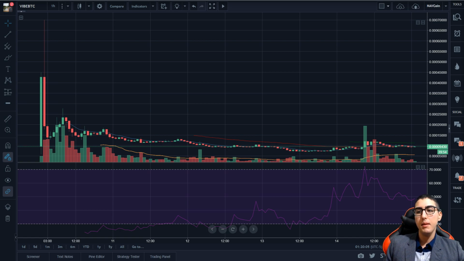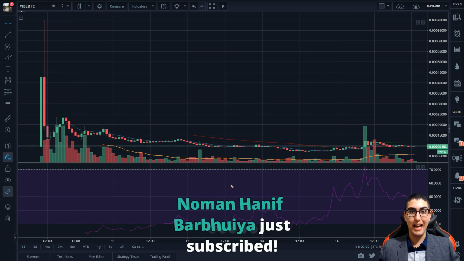So for me personally, it did change a lot about how I saw Ripple, being the fact that I now have a better understanding that the token itself is a utility token. It's not necessarily meant to store value.